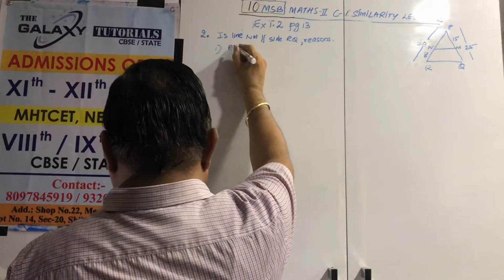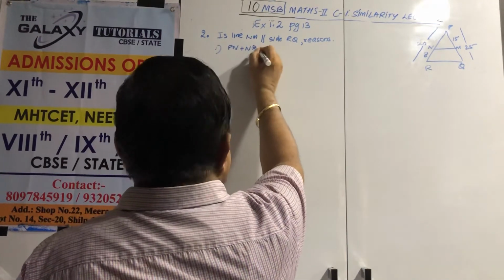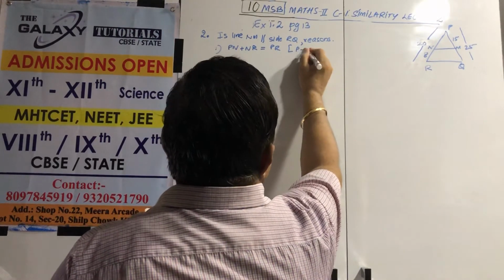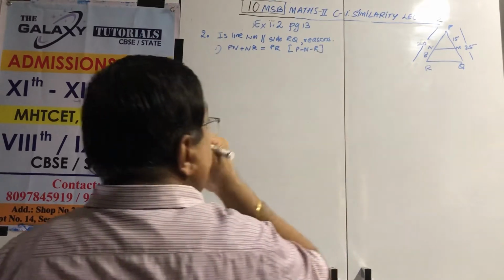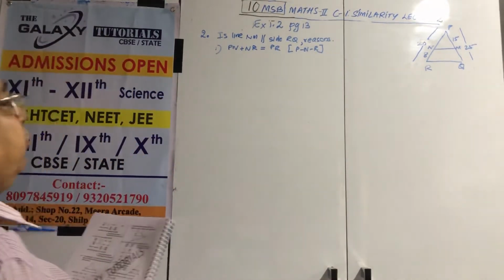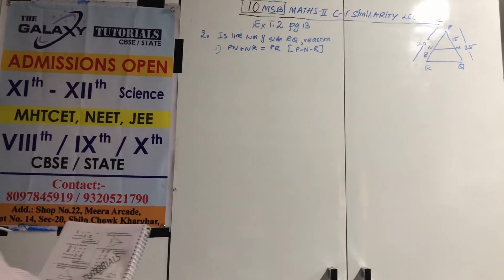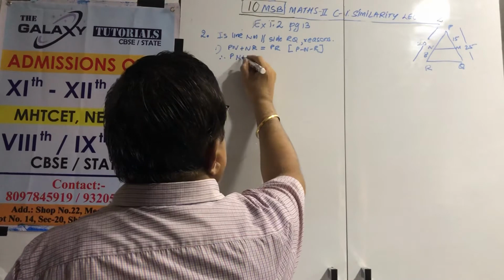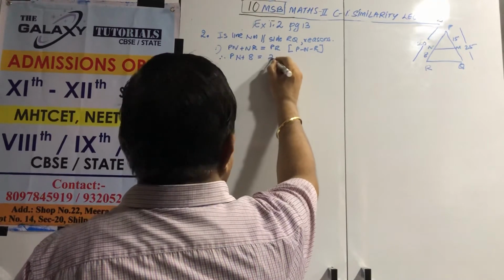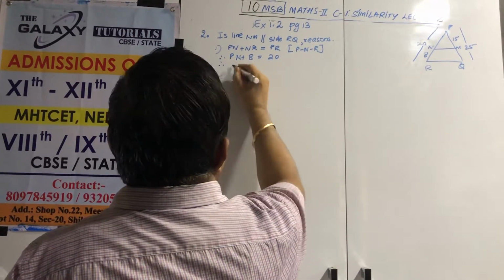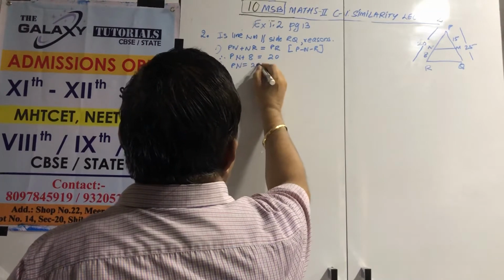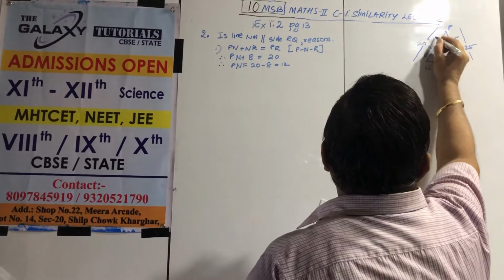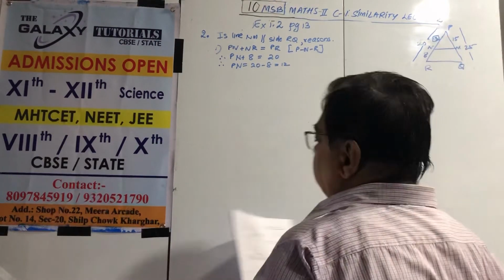First, PN plus NR is equal to PR, because N is between P and R in a straight line. Therefore, PN plus 8 is equal to 20. Therefore, PN is 20 minus 8, that is 12. So I have found this as 12.